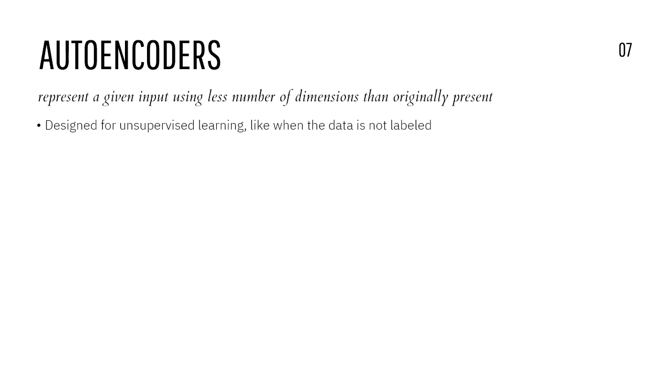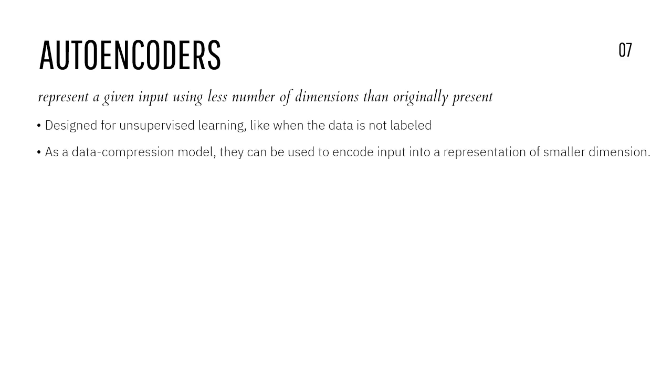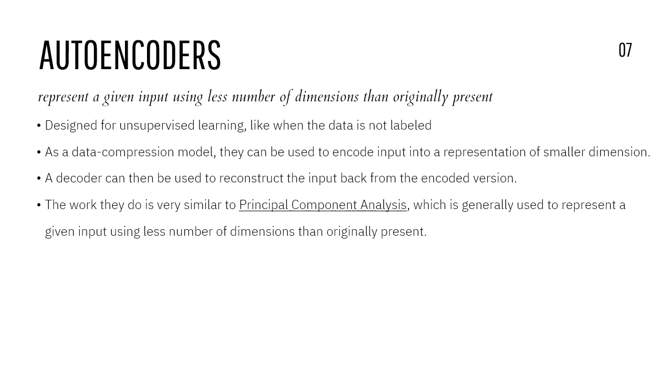So they can be used to encode the input into a tighter and smaller dimensional representation, and then a decoder can be used to reconstruct the input back from the encoded version.